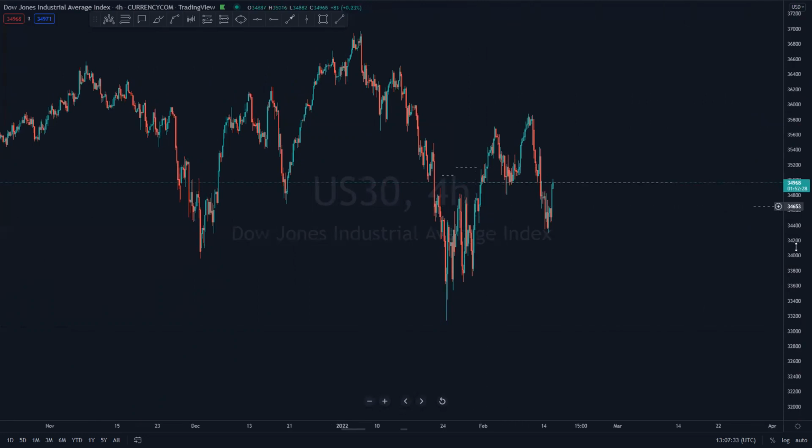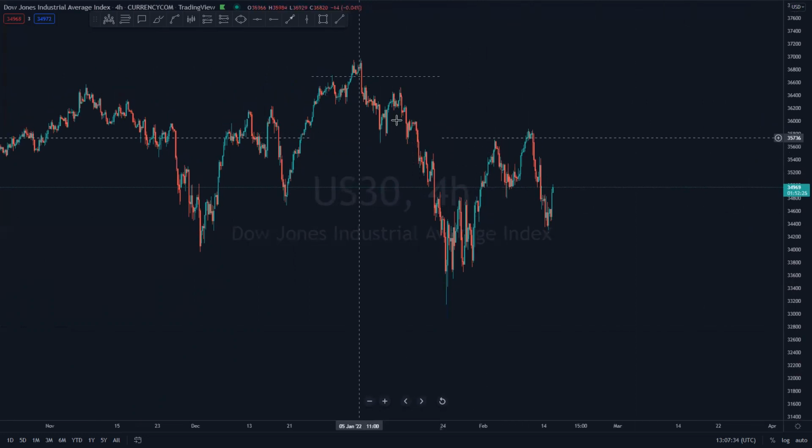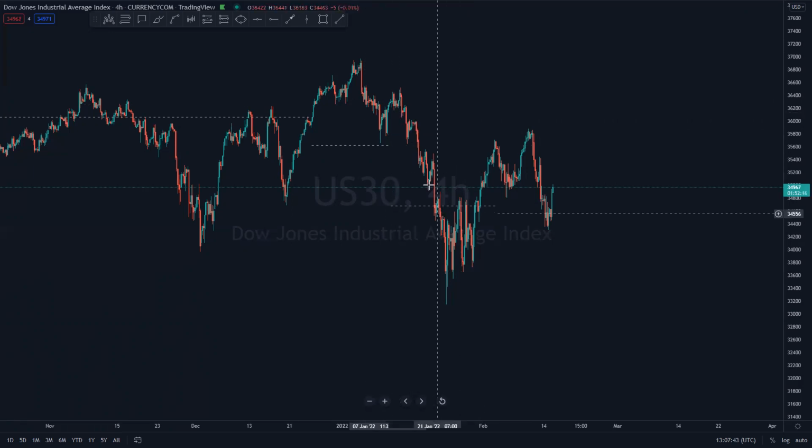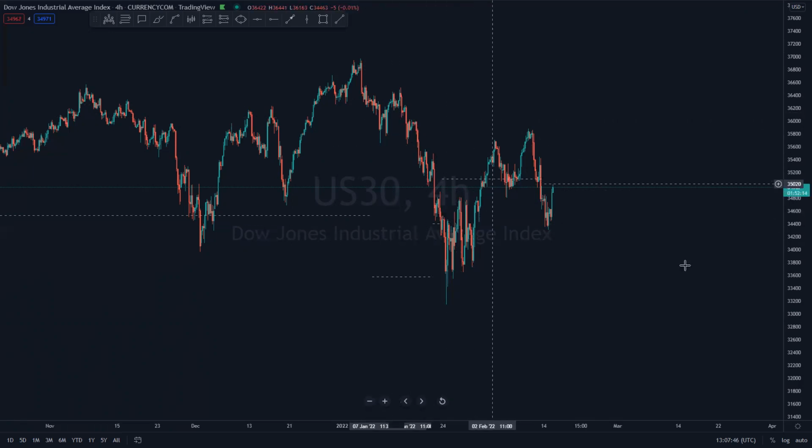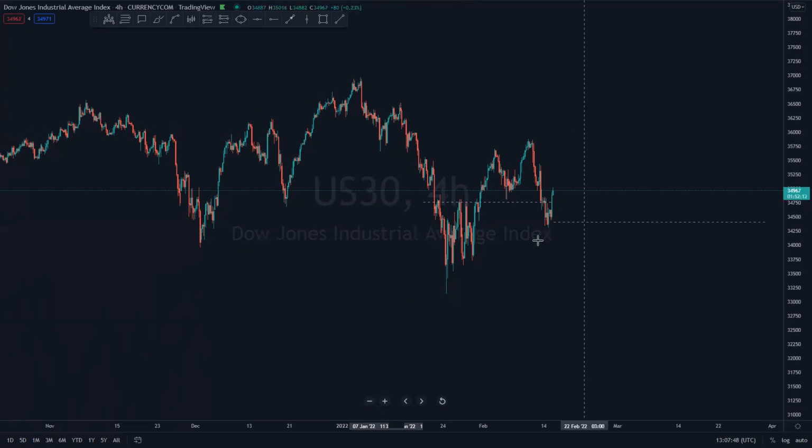Here, what I'm expecting is a correction and then an impulse, because we know the price move has three phases: impulse, correction, and impulse. Now we're having a correction here, a beautiful correction.